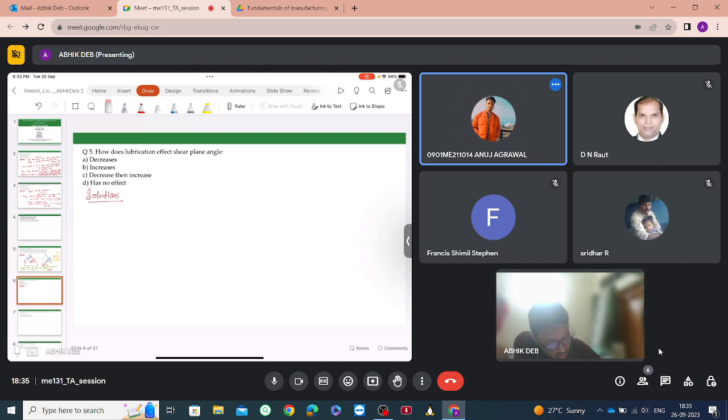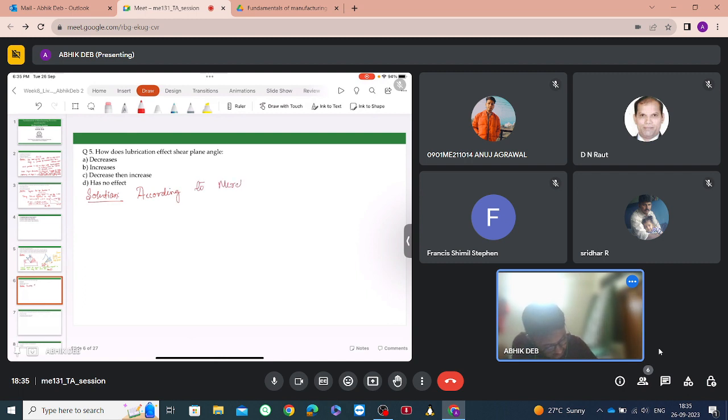Okay, yeah, correct. So according to the Merchant's theory, the shear plane angle phi is given as 45 degree or pi/4 minus half of beta minus alpha, which can also be written as 45 plus alpha by 2 minus beta by 2.